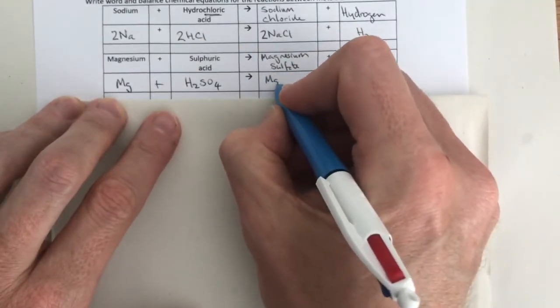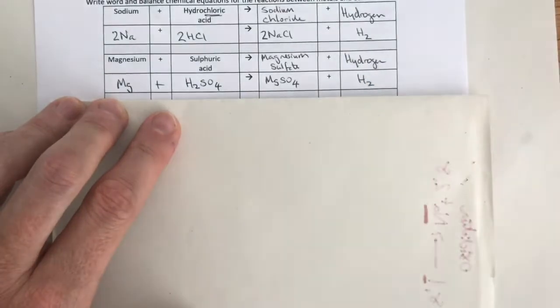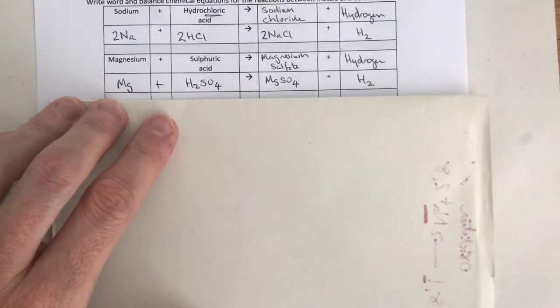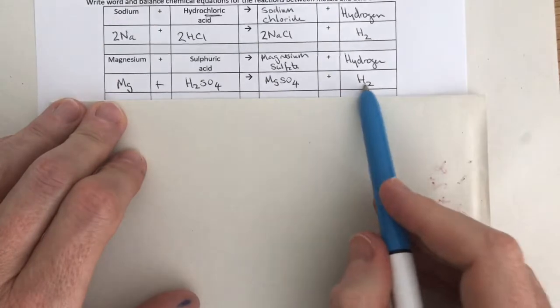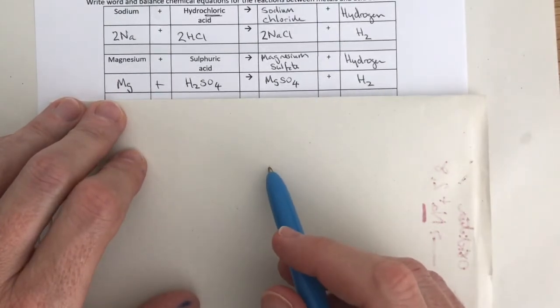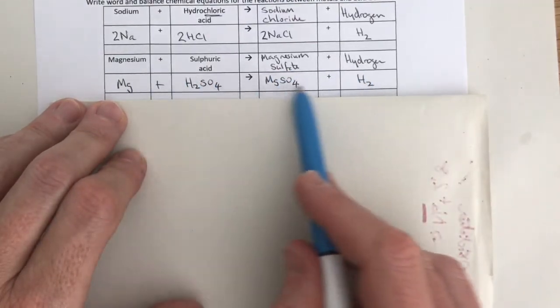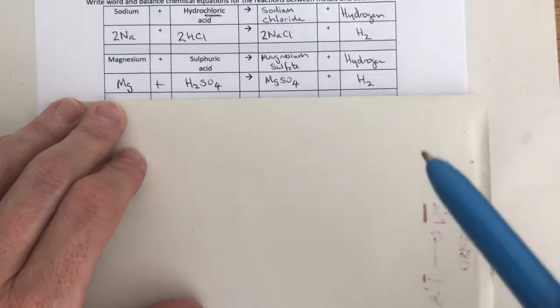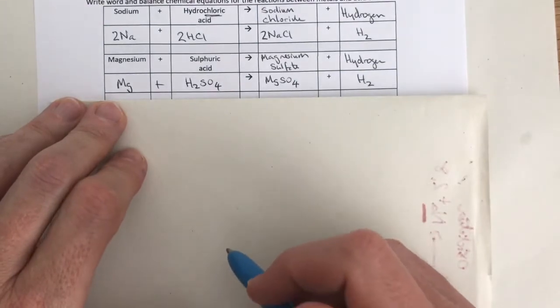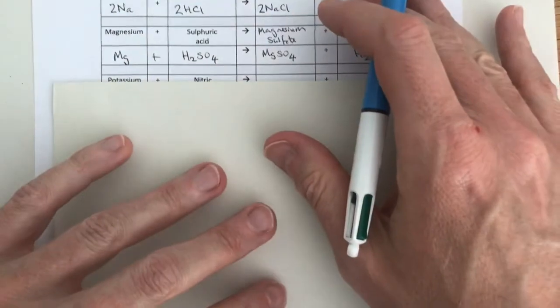Magnesium sulfate is MgSO4, and hydrogen is H2. I can see very quickly that this equation is already balanced, so I don't need to add any numbers. Again, check you've got the chemicals right, the formulas right, and that it's balanced. If it is all correct, fantastic, well done. If not, go back and look at the individual videos to help you with this.